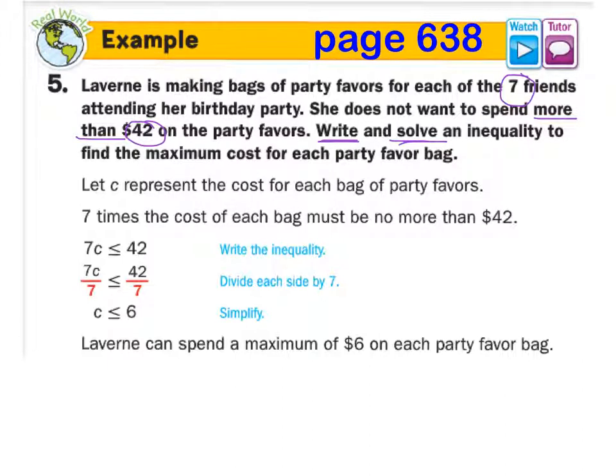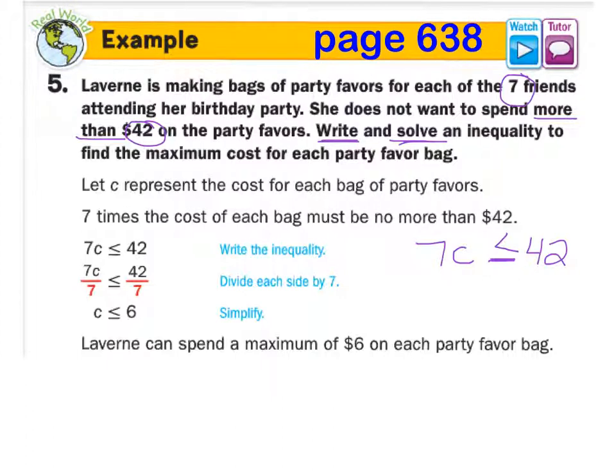So we have 7 people coming, and we're going to have to multiply that by the cost of each bag. And she doesn't want it to be more than 42, but she can spend 42. So I'll start with the equal sign, and we definitely want the 7 times c to be less than that.